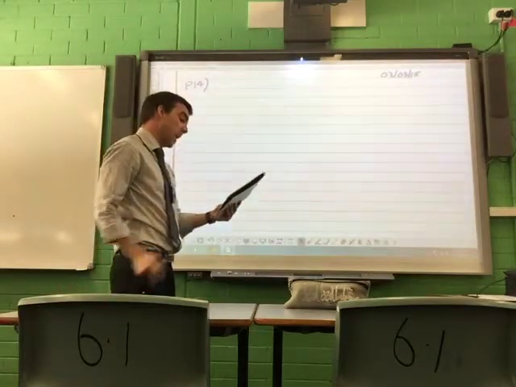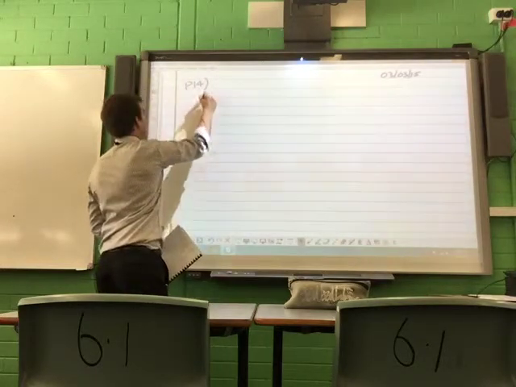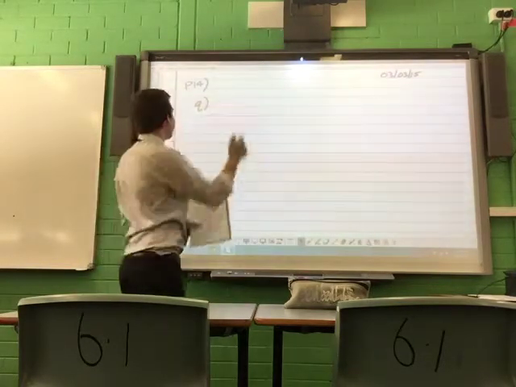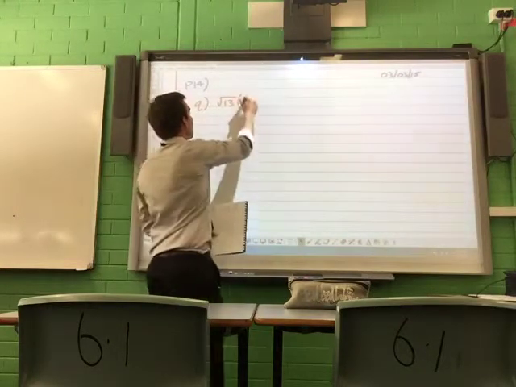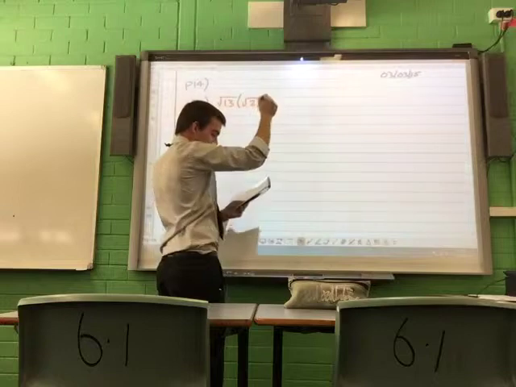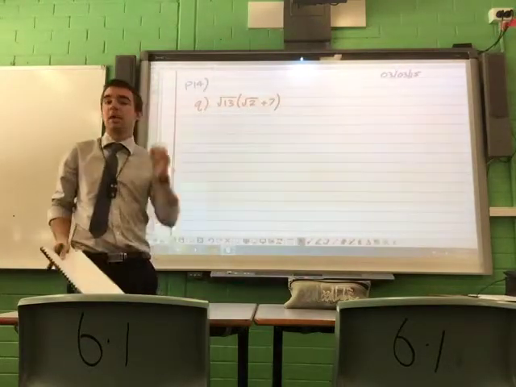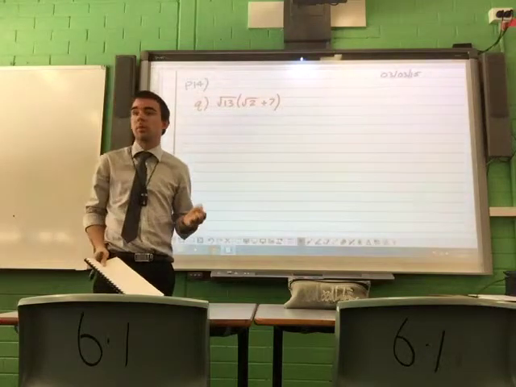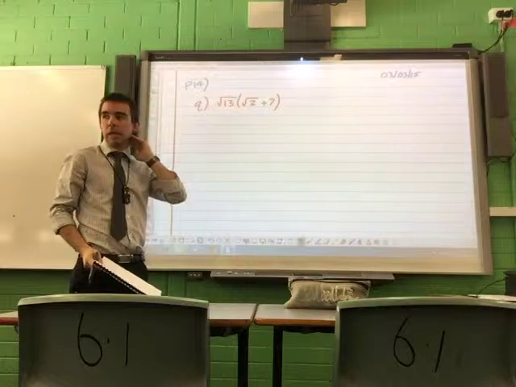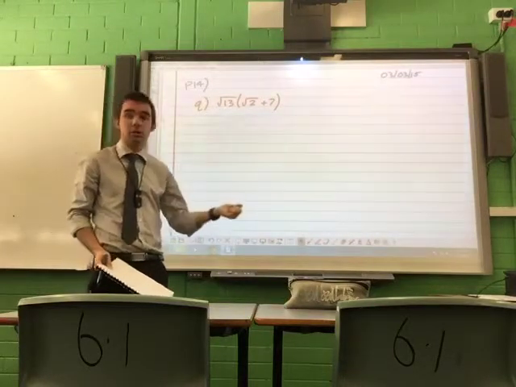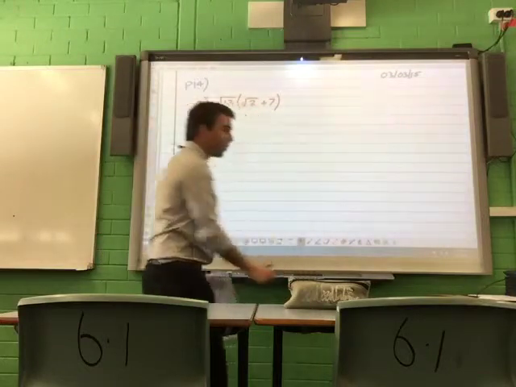And we're looking at expanding now. So let's expand root 13 times the bracket root 2 plus 7. Using our expanding rule that we learned during the topic of algebra, we all should know how to do it. We also looked at some surd laws yesterday and how we put them together.